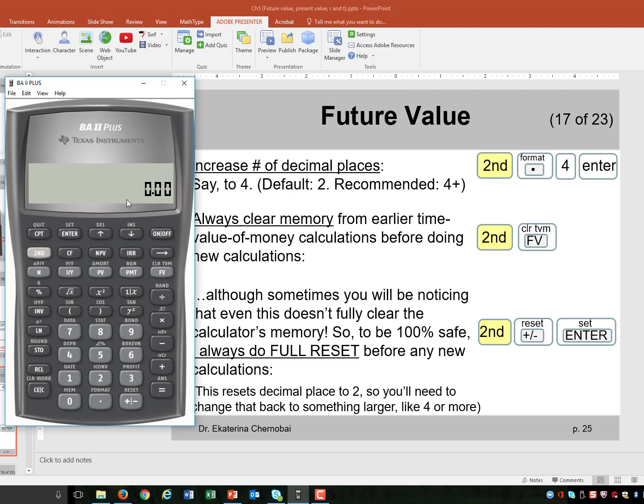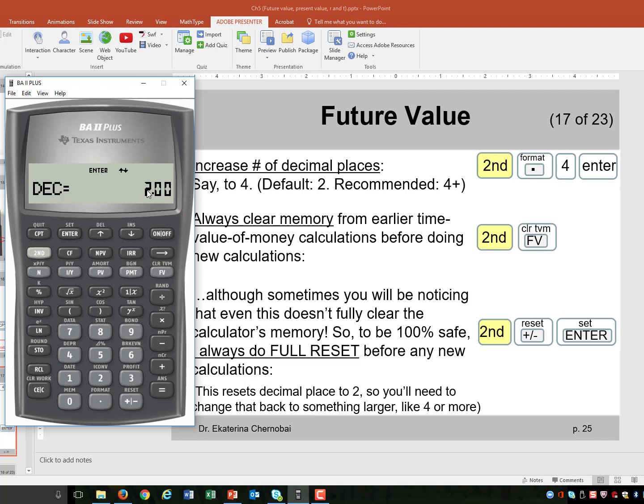How do you change the decimal places, let's say to 4, which is the minimum recommended? Press second, then format, the dot, kind of the decimal place. Decimal equals 2. This is decimal, not December. Decimals is currently set at 2.